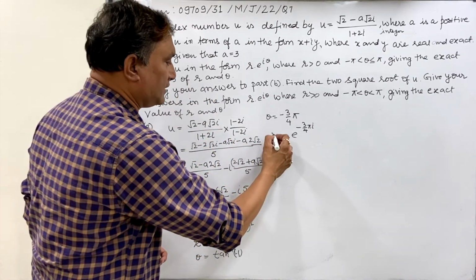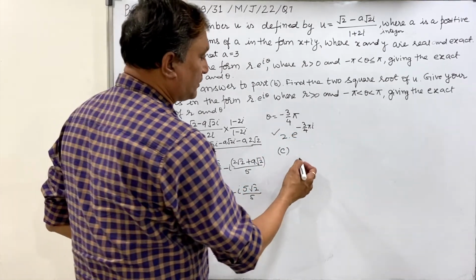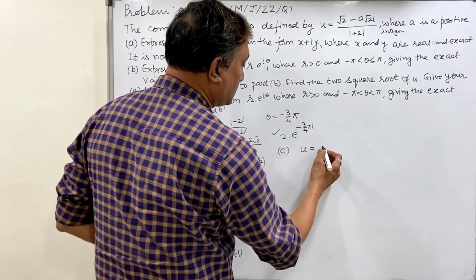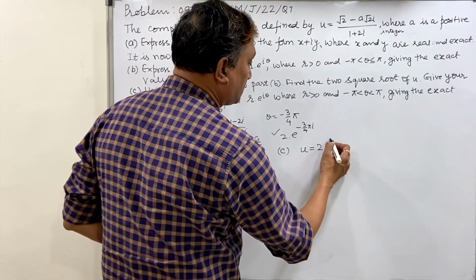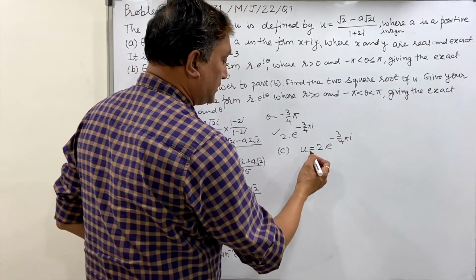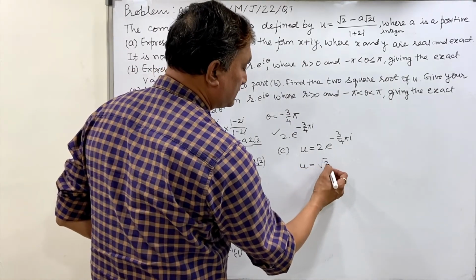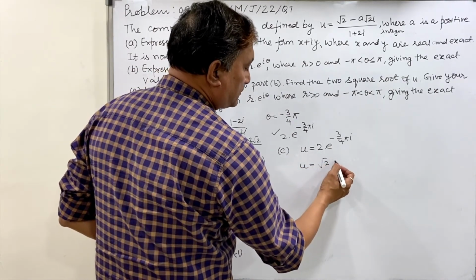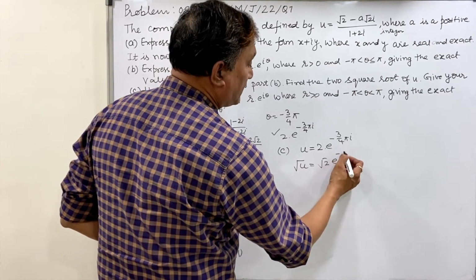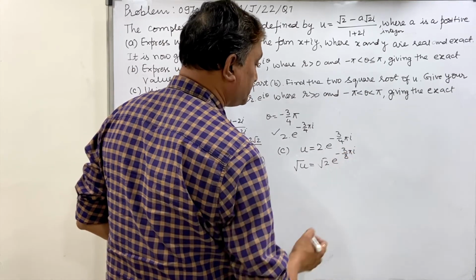So we will use this result and we will find the roots. Suppose I write u equals 2 e to the power minus 3 by 4 pi i, then the square root would be root 2 e to the power minus 3 by 8 pi i.